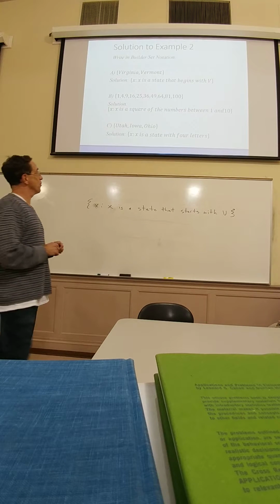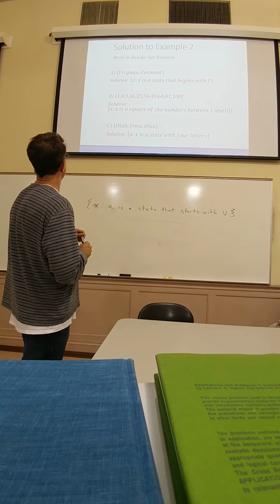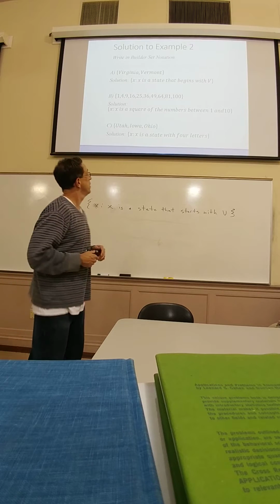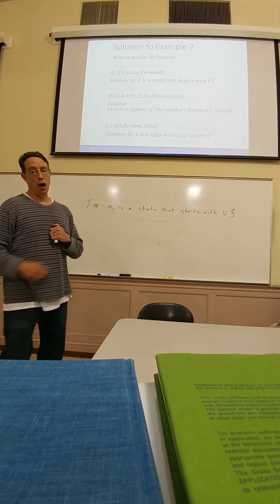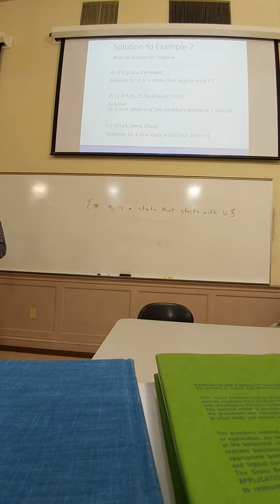So it would be X such that X is a state with 4 letters. So I have the solutions there. Again, if you do miss something, you can go to the PowerPoints and look them up. Hopefully I can fill in some gaps by just talking about each of the slides.